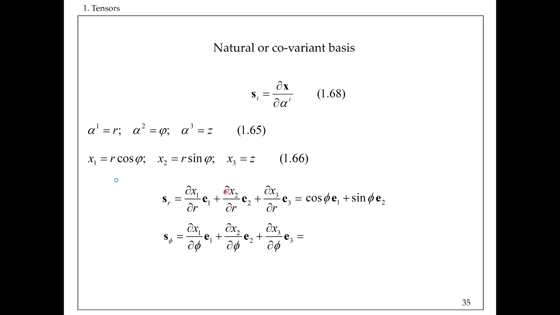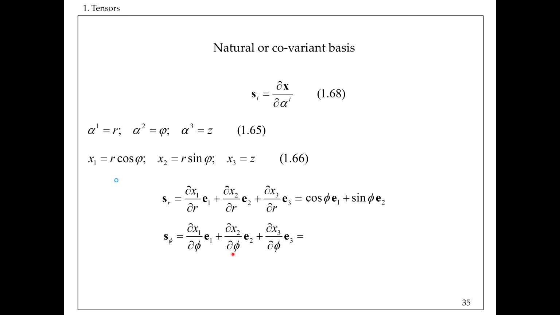Again, x3 doesn't depend on phi, it only depends on z, so we don't have the component e3 here, that will be 0. But the first two components do depend on phi, so we take the derivative of cosine phi with respect to phi, and the result will be minus sine phi, and r is preserved, so taking the derivative with respect to phi the result will be minus r sine phi.